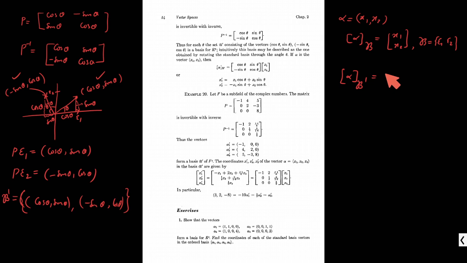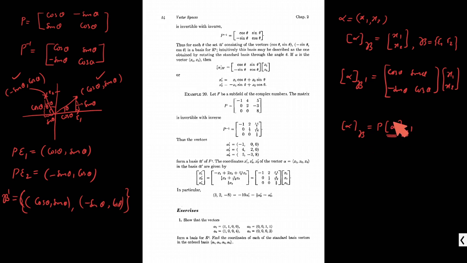So that is equal to P inverse times (x1, x2). That is obtained by the matrix with rows (cos theta, sin theta) and (minus sin theta, cos theta), times this (x1, x2). This is because of theorem 7. In theorem 7, we have proved that alpha relative to B is equal to P times alpha relative to B prime.